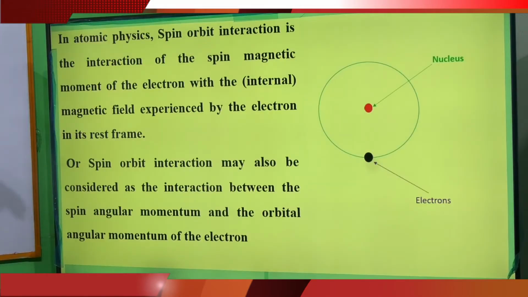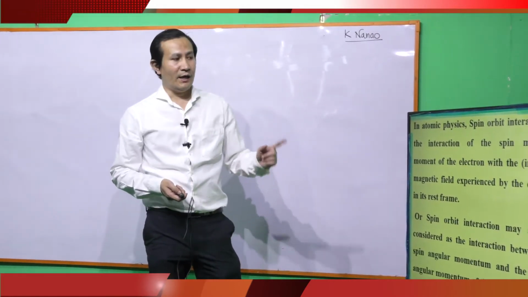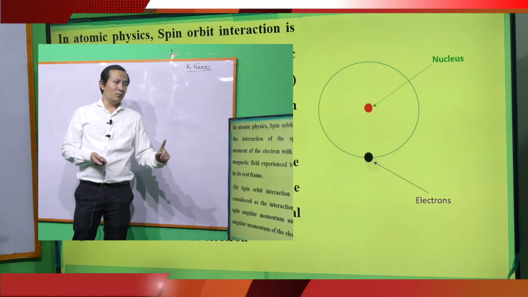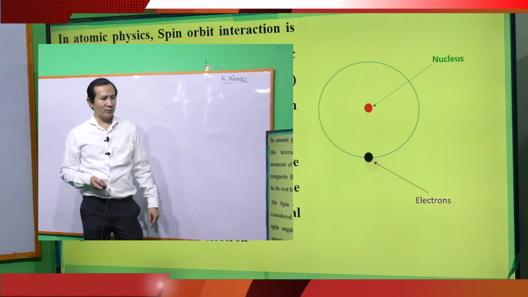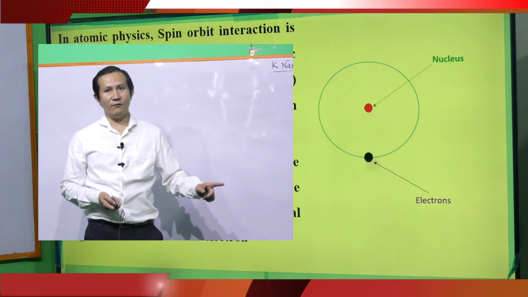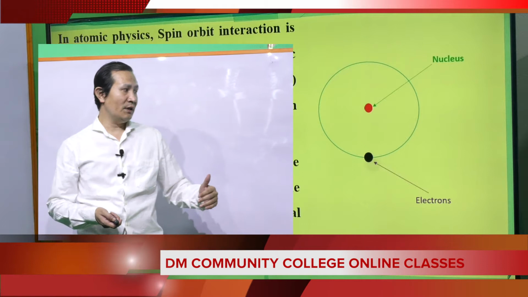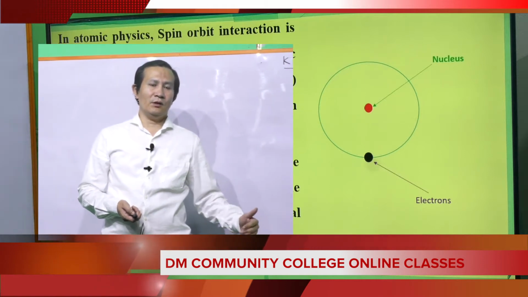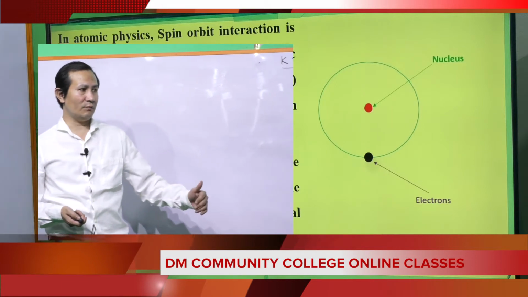This is equivalent to an electric current loop, and we know that an electric current loop produces a magnetic field. This magnetic field produced at the site of the electron interacts with the spin angular momentum of the electron, and this is the physical origin of the spin-orbit interaction, which you can easily see from classical physics as given in atomic physics. So this is what I have to say.